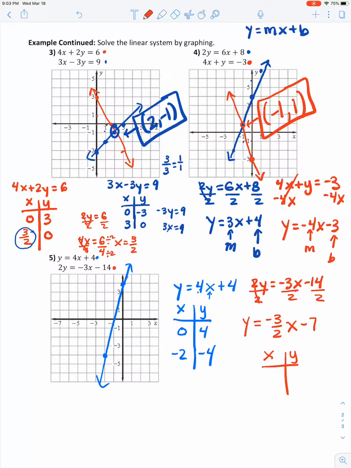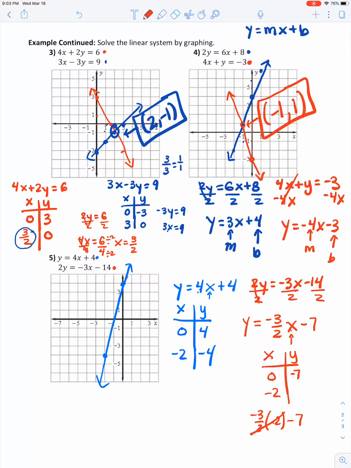Making an xy table again, I'm going to choose also the numbers 0 and -2. See what happens. 0, plugging in for x. So we have -3 over 2 times 0, which is just 0, and then -7. If I plug in -2, I chose that number because then we have -3 over 2 times -2.